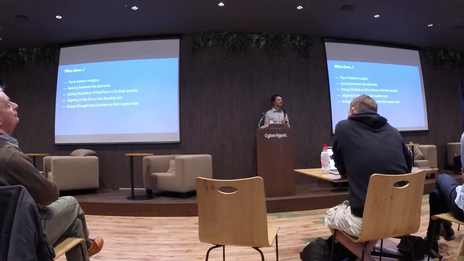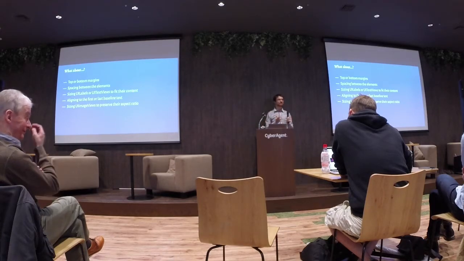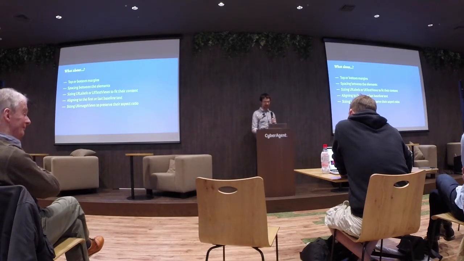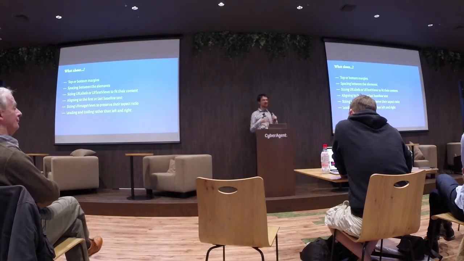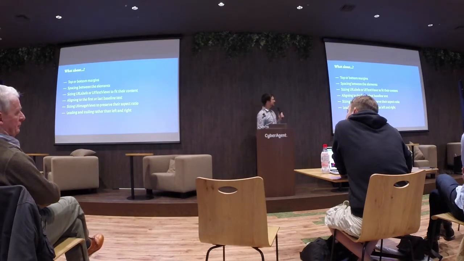Another one that's not as hard, which I didn't cover, is that you might want to size images according to their aspect ratio. That's another function you'd have to write. Anyway, lots of other layout related things. Oh yeah, the last one is you may want to use leading and trailing rather than left and right, which is something that auto layout enables you to do.